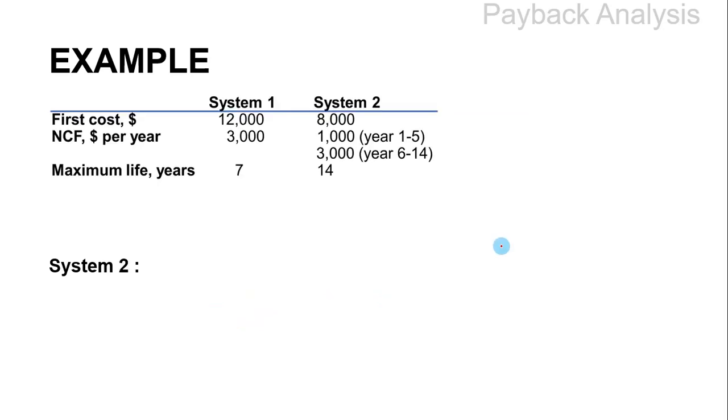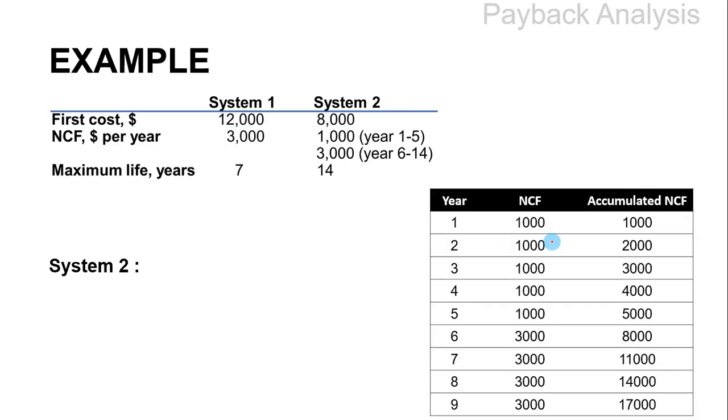For the second alternative, system 2, consider that we have the cash flow written like this, given the year and the net cash flow for each year, and we're going to calculate the accumulated net cash flow.